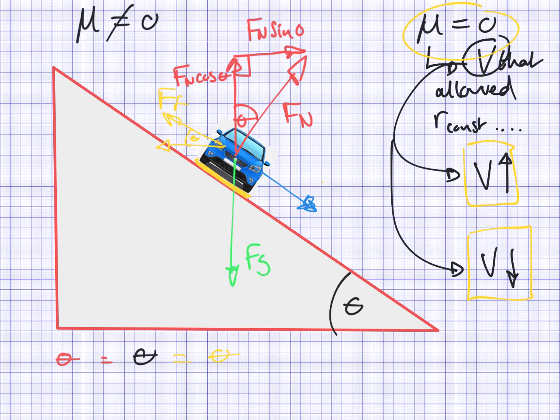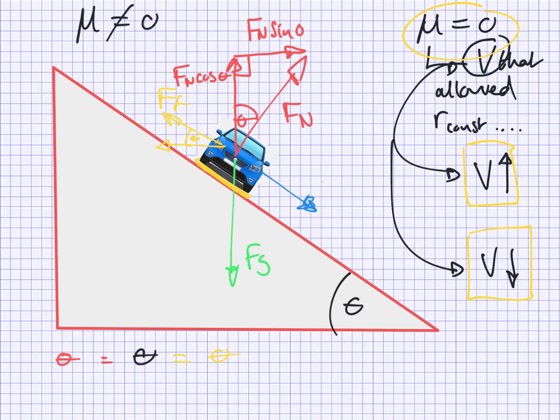In addition, you can think of the parallel lines. Maybe I can just draw them in here. If this is a parallel line and this is a parallel line, then really we've just got this intersecting line here, and that would be the origins of these angles, the intersecting parallel line theory.